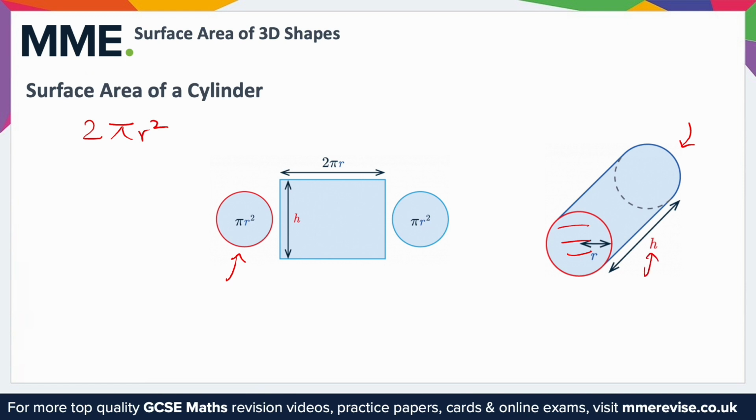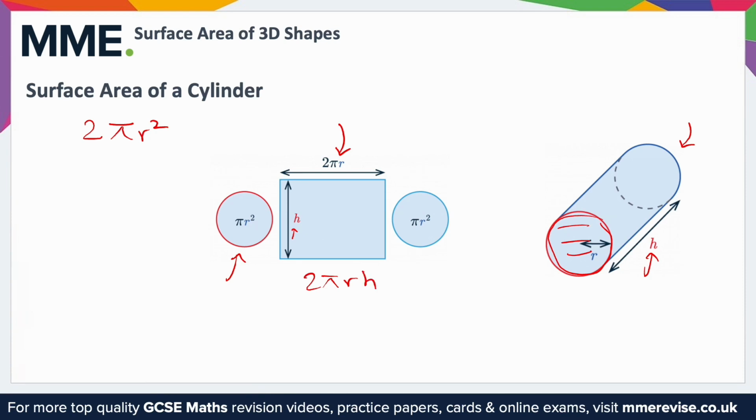Obviously, we know the length of it, that is just this here, but we don't know the width of it. So the width is just the distance around the circle, isn't it? Because it spans all the way around, which is the circumference of the circle, which, as we know, is 2 pi r. So to work out the area of this rectangle would just be 2 pi r h.